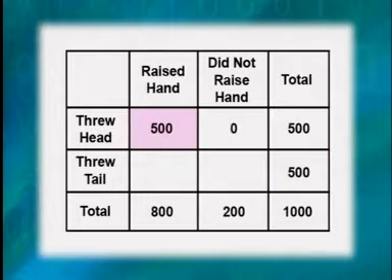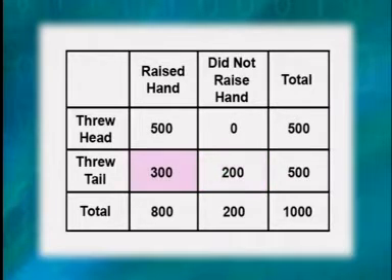So all of the 500 people who threw a heads would raise their hand, of course. And among the 200 people who did not raise their hands, well, first of all, they had to have thrown a tail, because if you threw a head, you definitely raised your hand.